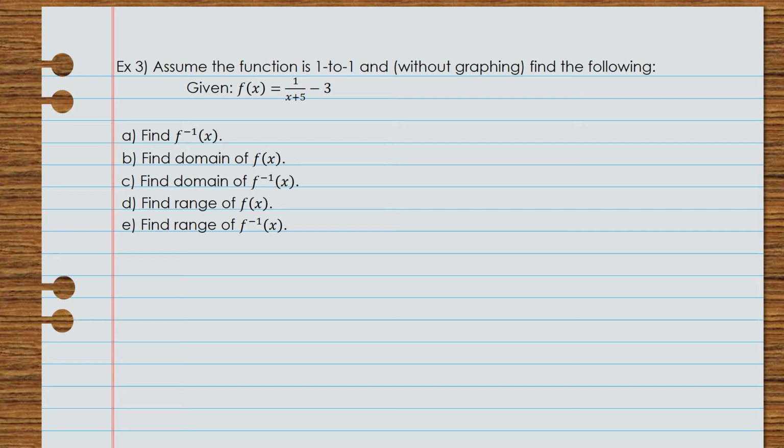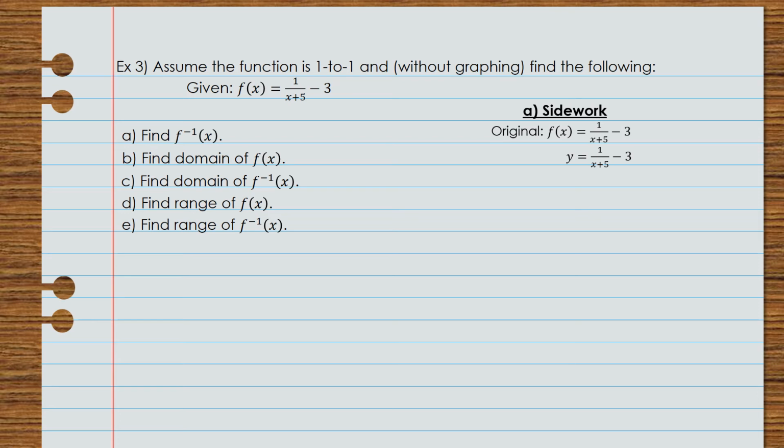So on the side of my paper, I'm going to work this out. For part A, it says find the inverse. Well, that means we must start with the given function. We cannot do anything when it's written in f of x notation. We must change f of x into a y. So we have y equals 1 all over x plus 5 minus 3.